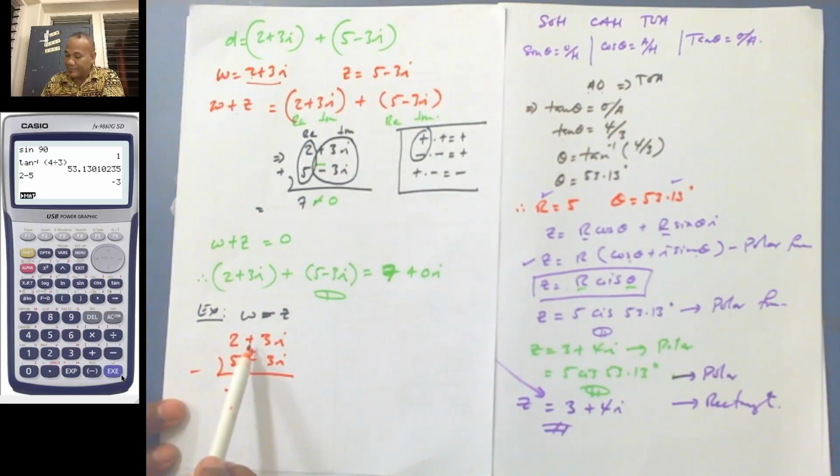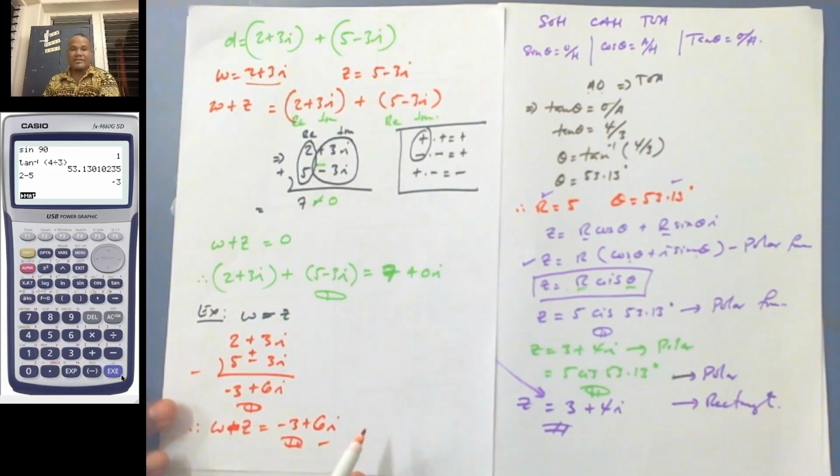So let's solve them: 3i plus 3i. 3 apples plus 3 apples is positive 6 apples. Therefore omega minus z is equal to minus 3 plus 6i. And that's your answer.